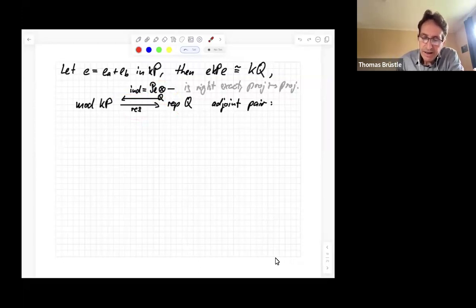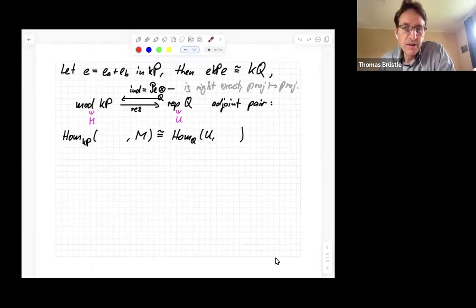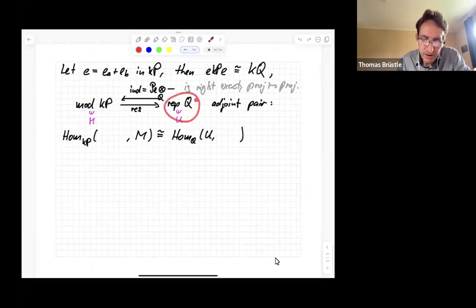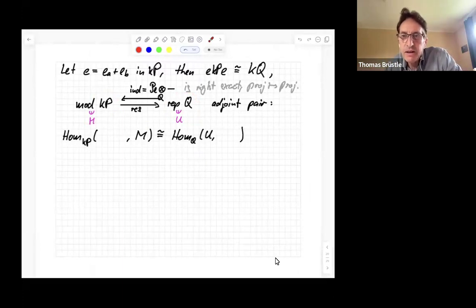So as an adjoint pair of functors, it allows me to transport information about homomorphism spaces on this side into homomorphism spaces on that side using the well-known adjunction formula. Are there any graduate students here? I would like to test you. Can you give me the adjunction formula in that case?